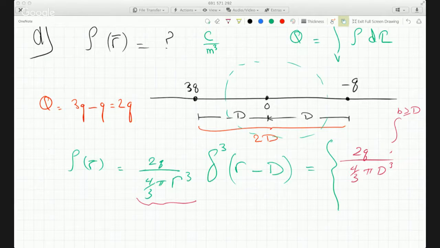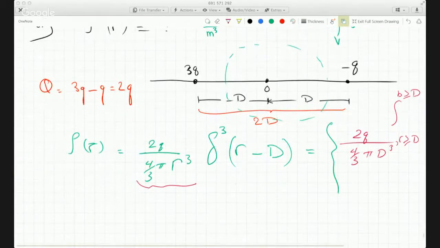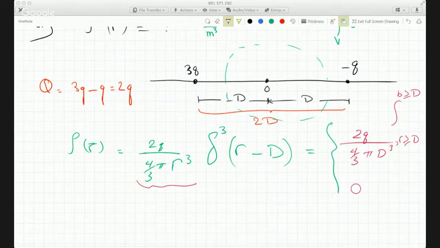You get what I'm trying to say here. As long as you go greater than d, right? If R equals d or greater, and it's going to be equal to 0 if R is less than d, which makes sense because if your sphere is somewhere here, you're not going to pick up any charge.